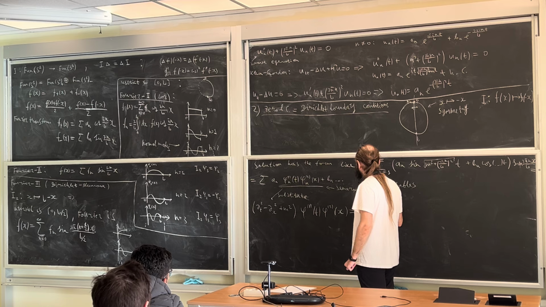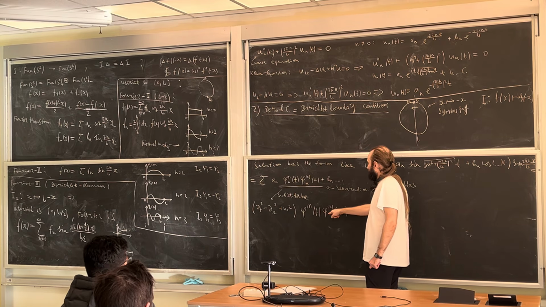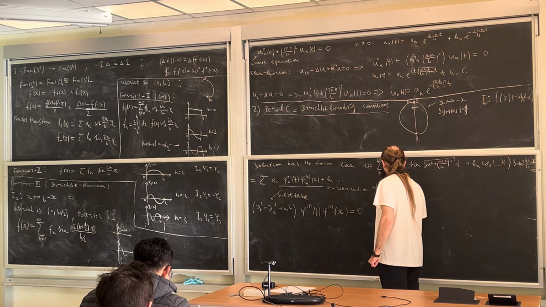This is 0, and if you take this equation and divide by phi1, phi2, what will we get?